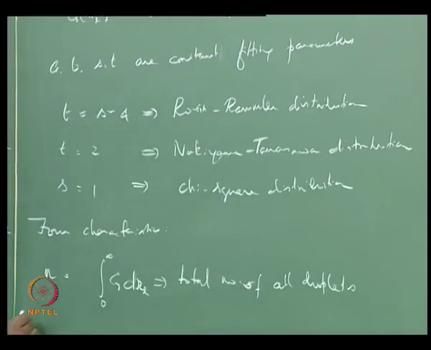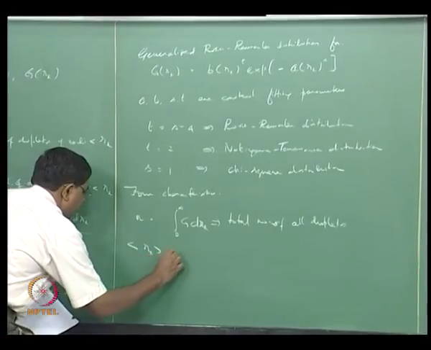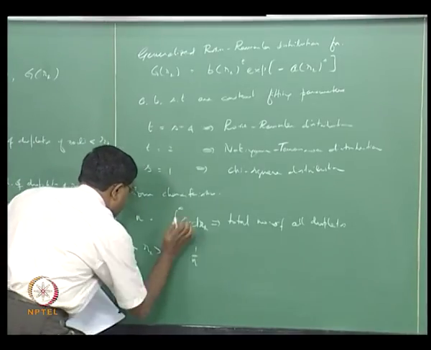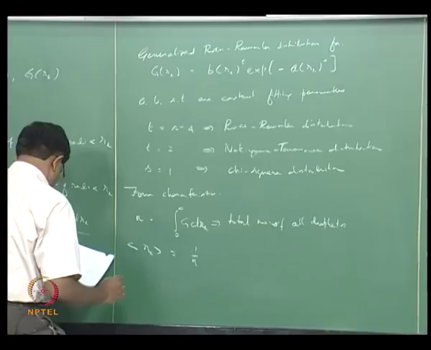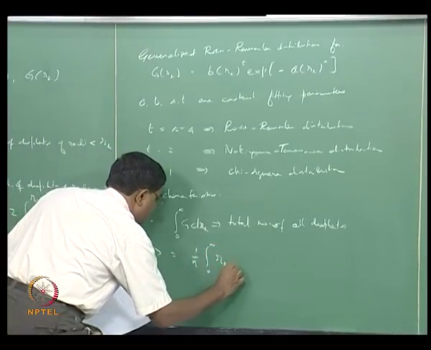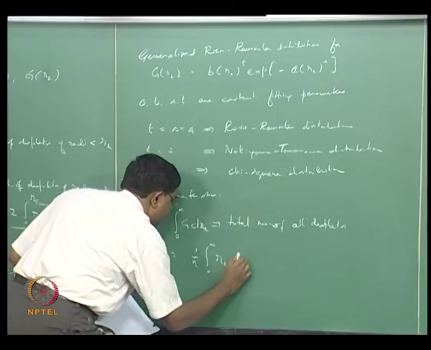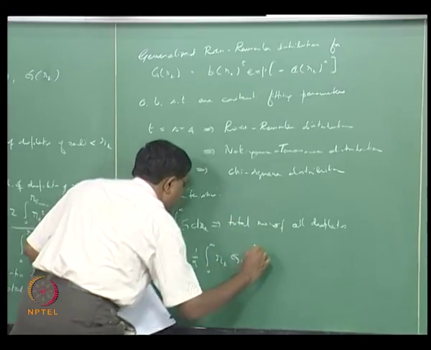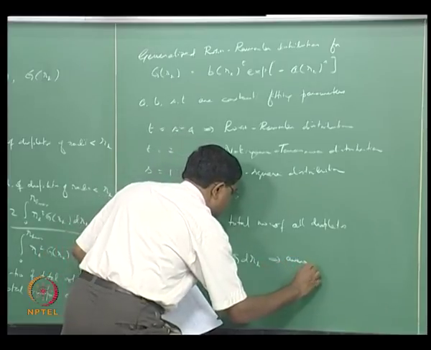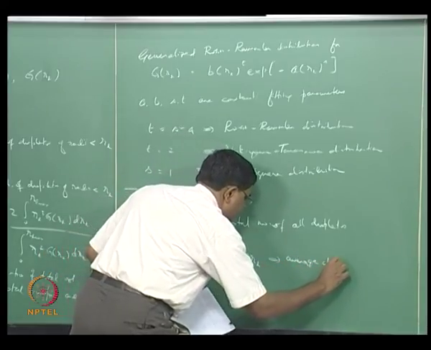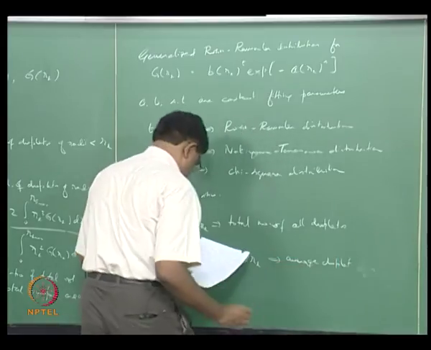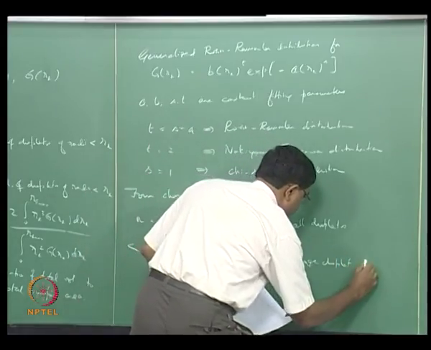Then you have a mean, which is defined as 1 over N, this is the arithmetic mean, integral 0 to infinity RL G dRL, which is the average droplet radius, or we can simply say size.